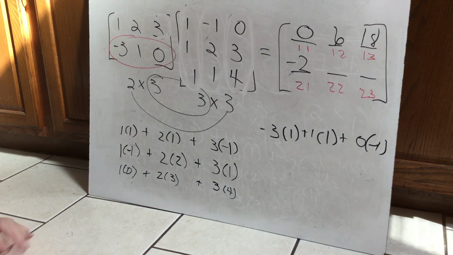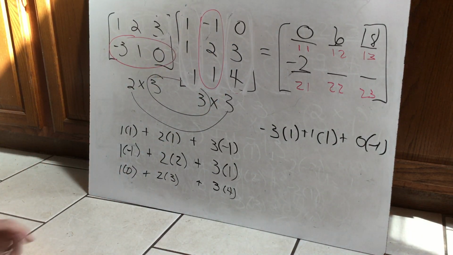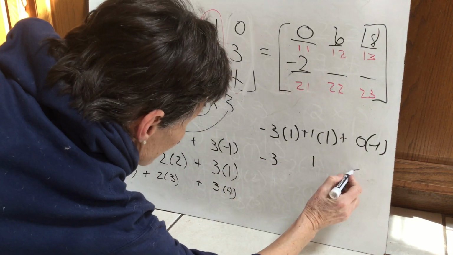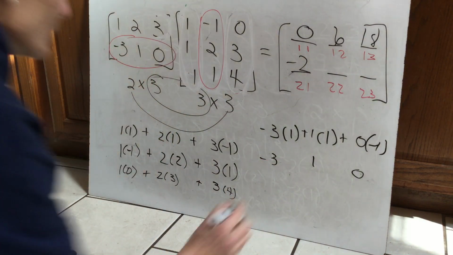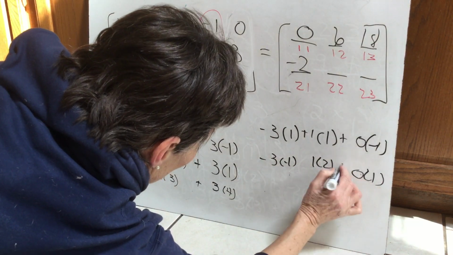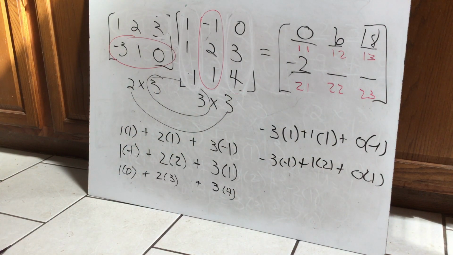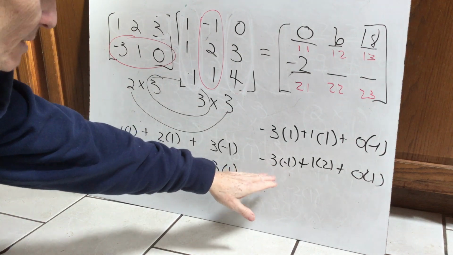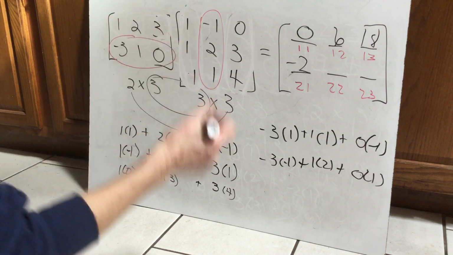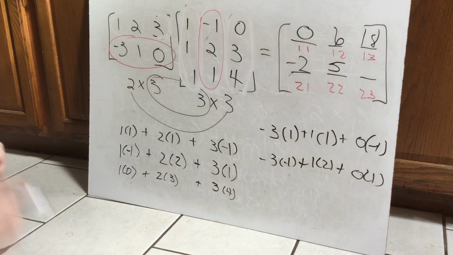Moving on to the next spot, we want second row, second column. So negative 3, 1, 0, that's my second row, and then negative 1, 2, 1. That's a positive 3, a positive 2, and a 0. So when I add all that up, I get a 5.